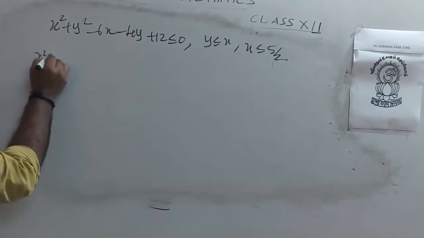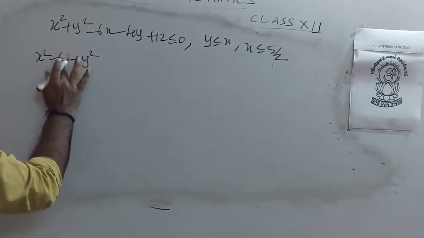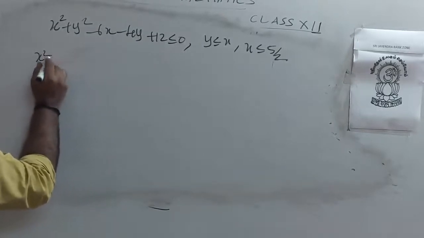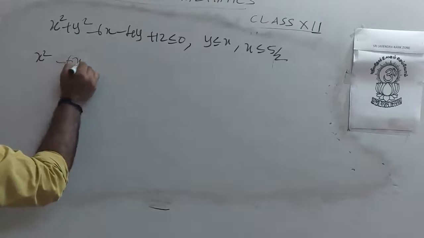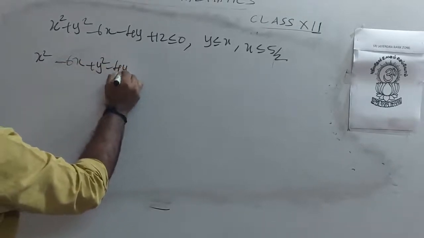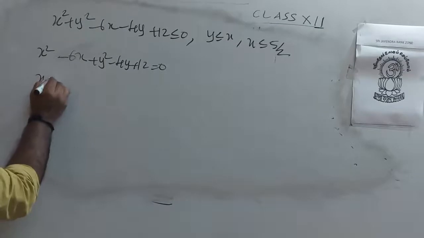So x squared minus 6x plus y squared minus 4y plus 12 equal to 0.